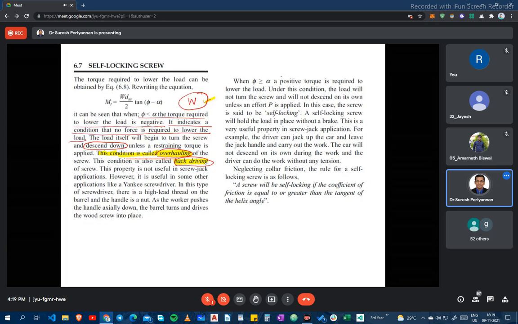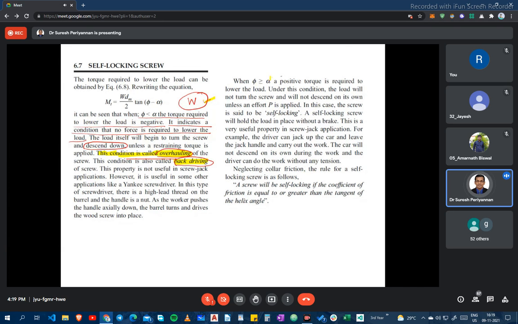Hence, we have to follow that phi is always greater than or equal to alpha. This is important. Phi is always greater than or equal to alpha for creating the positive torque, because we have to create the positive torque to control our dead weight.